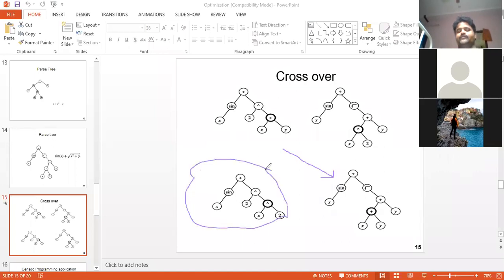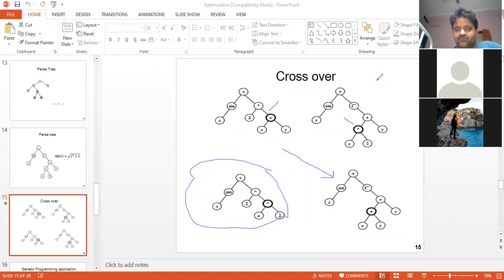Come to the crossover operation. Here is the crossover point, and here is another crossover. As I told you earlier, crossover means there is up to one crossover point. Copy the elements from the first parent, and after that copy the elements from the second parent.